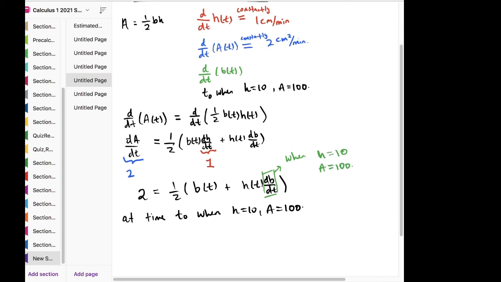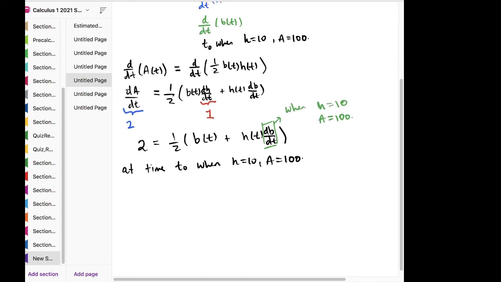Okay, so what other pieces of information can we figure out from this? Can I find what h of t naught is? Well, it's right there, it's 10. And the only other thing that we don't know is b. What is b of t naught? Yes, we do know it.